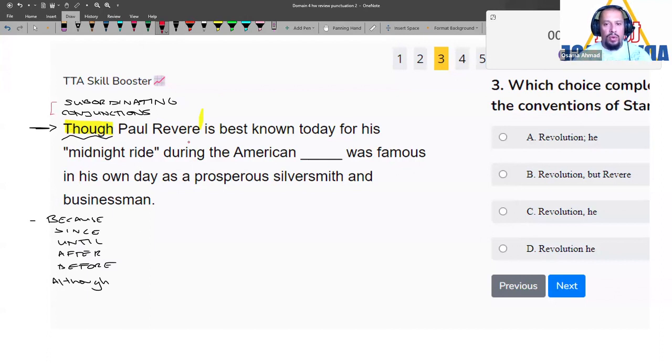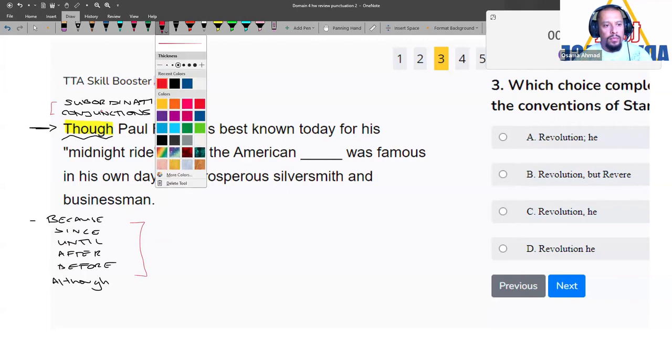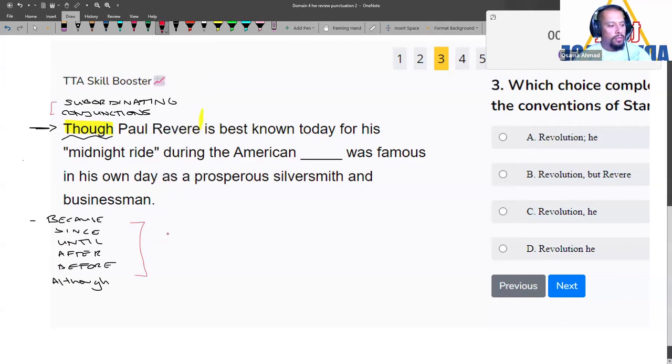Okay, so when you have a subordinating conjunction, my question is, is it an independent idea or is it a dependent idea? I'm asking you, Mr. Noor. Dependent. It is a dependent idea.